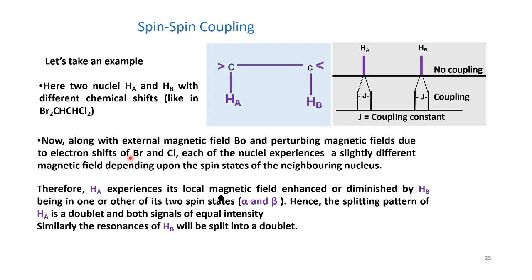Each of the nuclei experiences a slightly different magnetic field depending upon the spin states. So HA experiences its local magnetic field enhanced or diminished by HB, being in one or other of its spin states, alpha or beta. Hence, the splitting pattern of HA is a doublet. So it can be either alpha or beta. And similarly for HB, it will again split into a doublet. So that is why we are getting the two peaks, two splits.